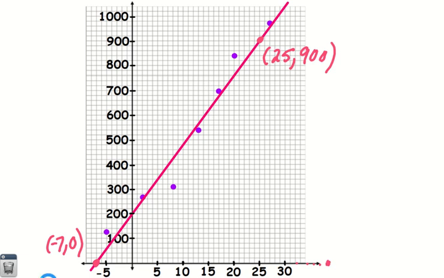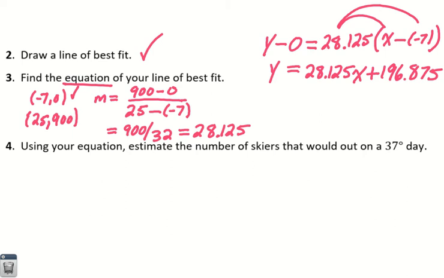But if it says use your equation, then use your equation. That's a pretty reliable method, because remember, your x values are temperature values, and your y values are numbers of skiers. So if they're telling you 37 degrees, they're essentially saying x equals 37. So you can plug that into the equation.